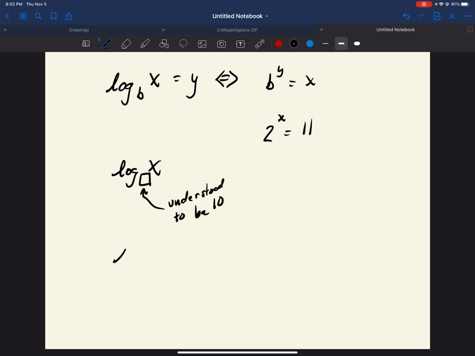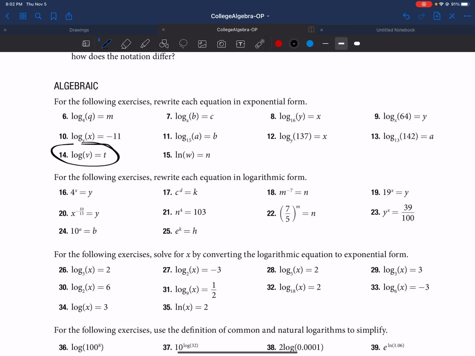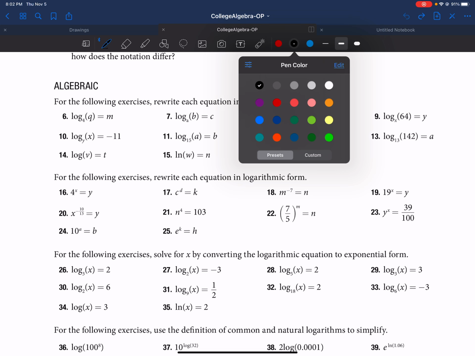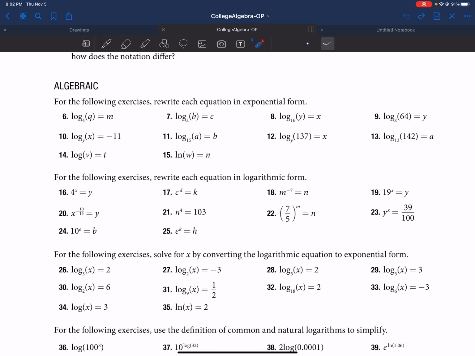So just log by itself means log base 10. So that's one thing right there. So in this problem over here, it does not have a base down there, so the base is 10, and then it should be 10 to the t equals v. So 10 to the t equals v.